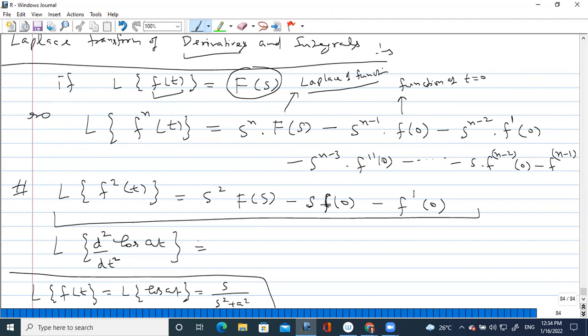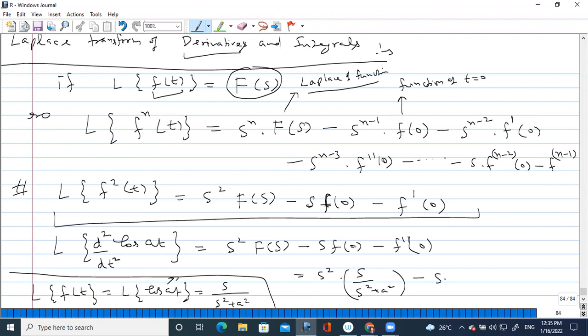This you know. So here what you have to do, because this is a double derivative, you have to apply s square F(s) minus s small f(0) minus f dash 0. So now put the value: s square into F(s), F(s) is this s upon s square plus a square, minus s into small f(0), what is this? This is your f(t), cos at.